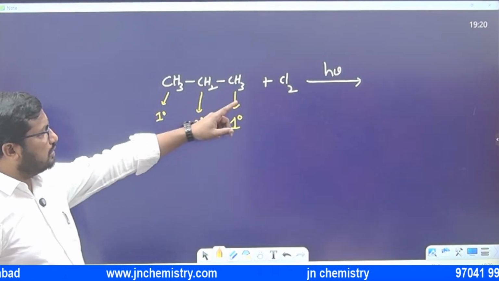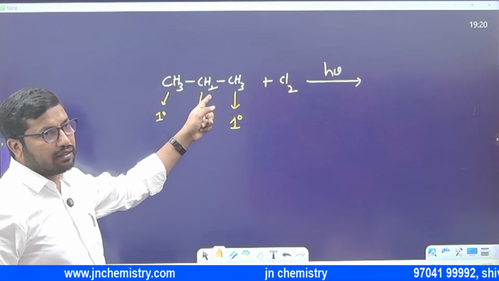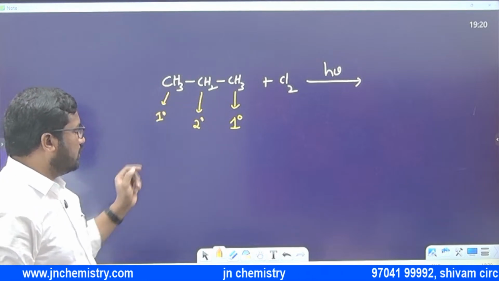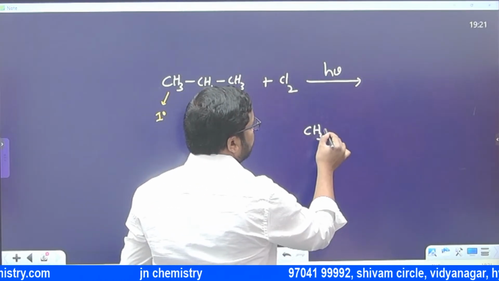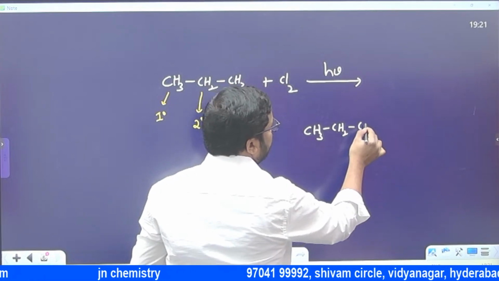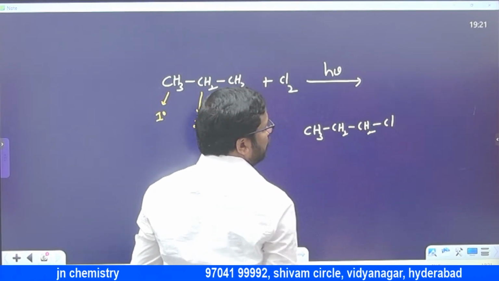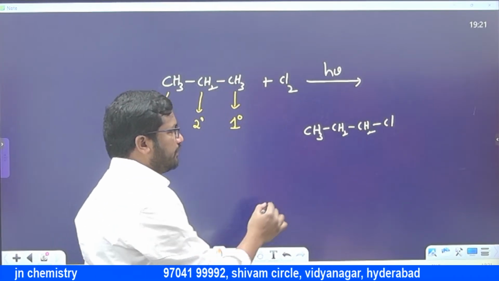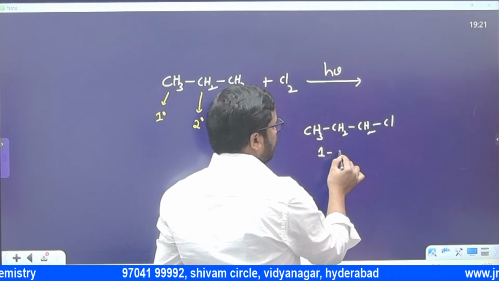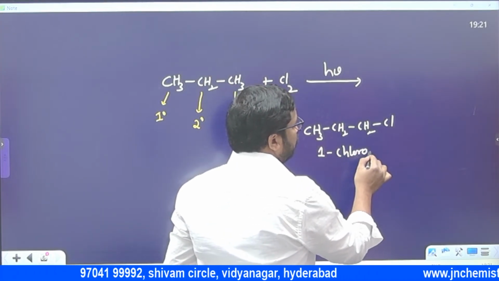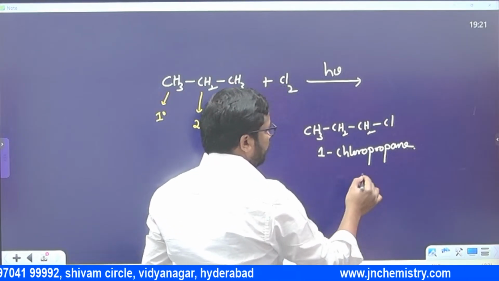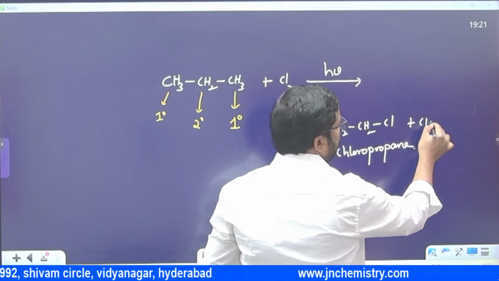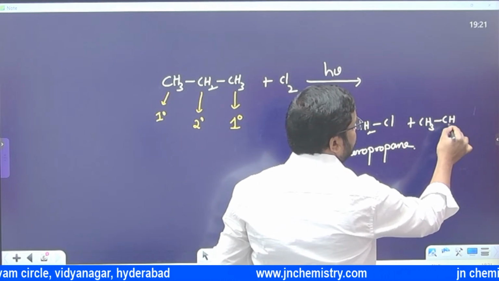So the chlorine can attack either here or here, two options are there. If it attacks primary carbon, for example CH3CH2CH2Cl, 1-chloropropane, plus 2-chloropropane is also possible.